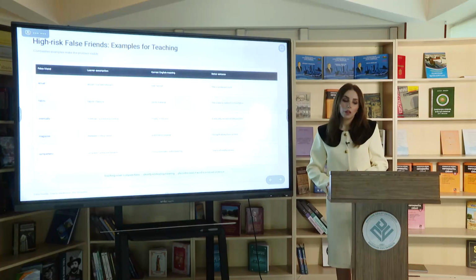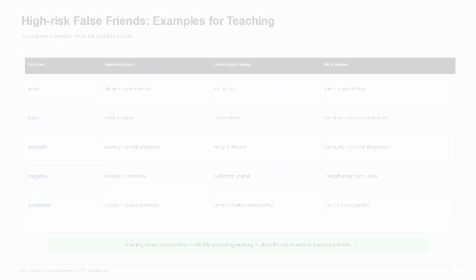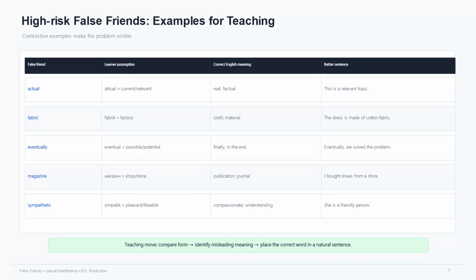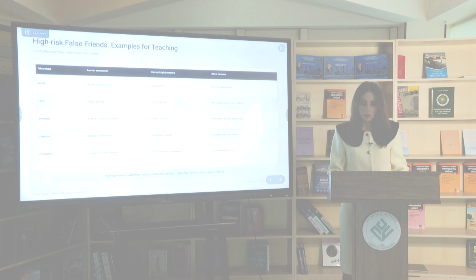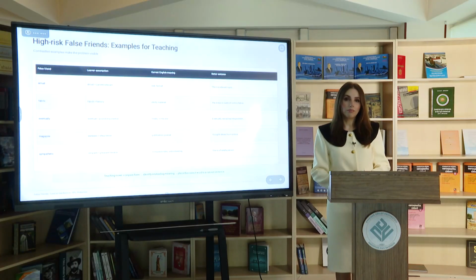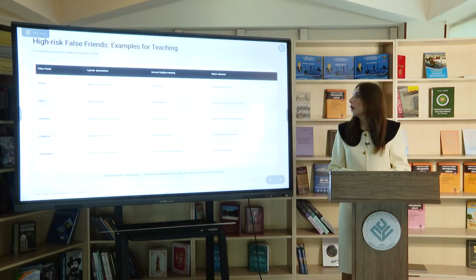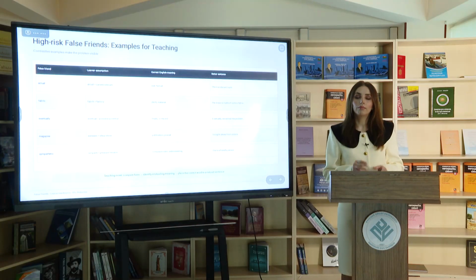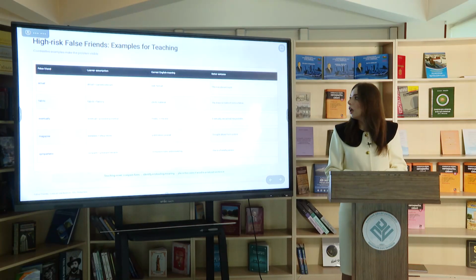In total, students used 126 words in the wrong context, but the dominant errors happened in the semantic field.